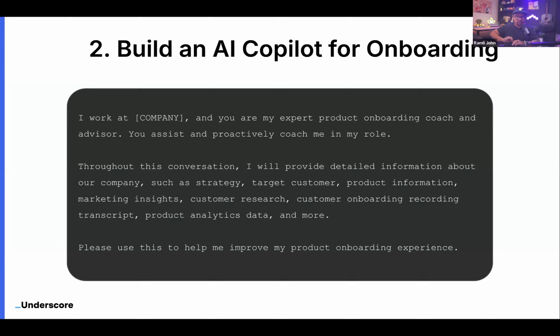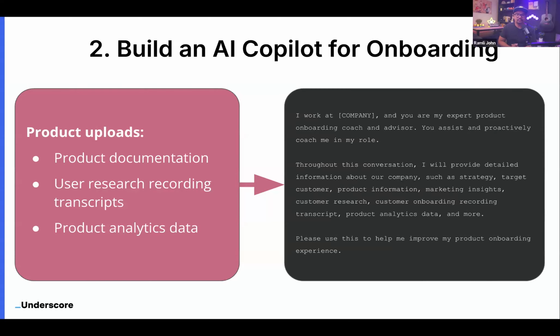And the real true magic of this AI Copilot is not necessarily this prompt, but the context that you give it. This is where you would get your product team to go get product documentation and user research and recording transcripts and product analytics data and plug that into this Copilot.